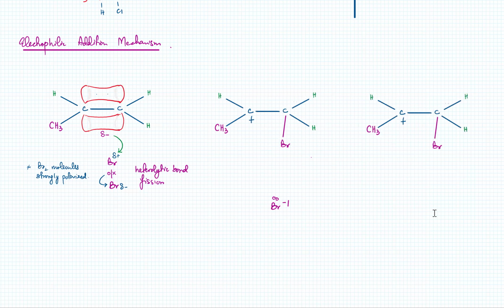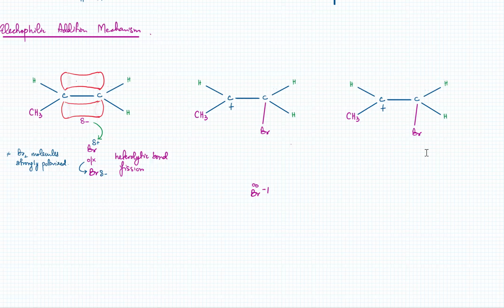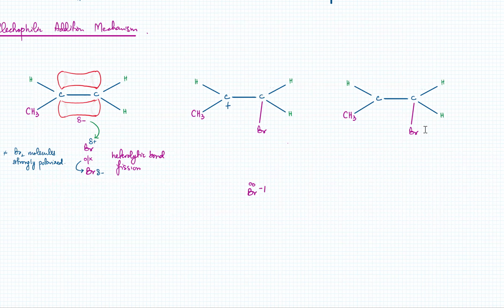So instead of this one, I'm going to rub off the positive charge. The bromine bonds with the other carbon atom, and this one becomes the carbocation.